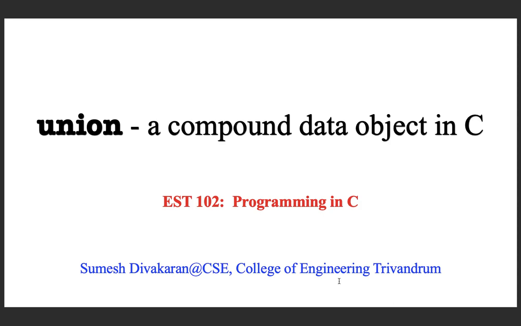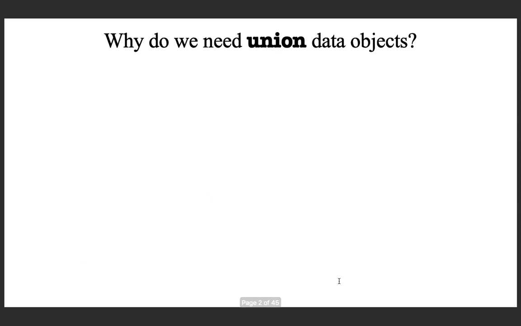The topic for today is union, which is again a compound data object in C. So why do we need union data objects? We can try to understand the need for such a programming language construct. We will look at a motivating example, and later we can see what union data objects are.